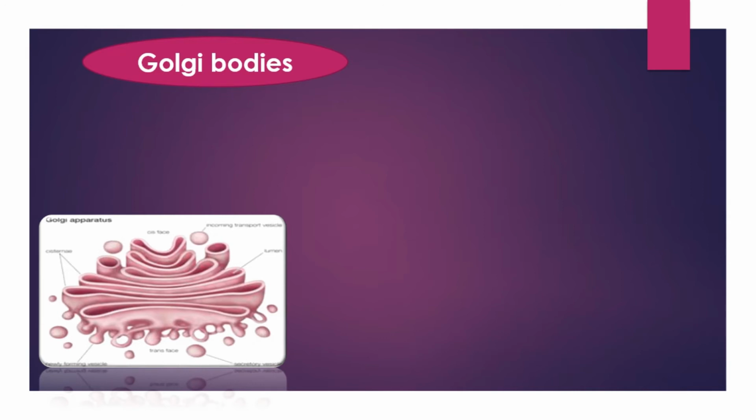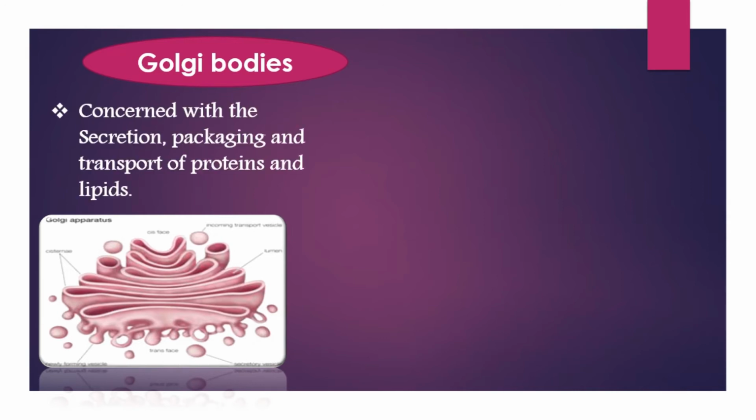Hence the name Golgi complex. They are concerned with the secretion, packaging and transport of proteins and lipids. Golgi bodies receive proteins, lipids, etc. and send them off to different destinations. Hence, these organelles are referred to as the post office of a cell.